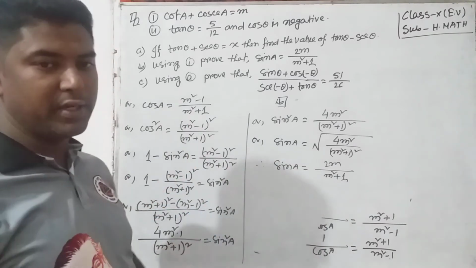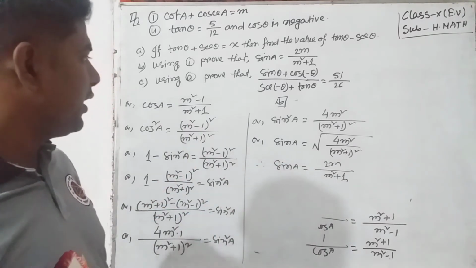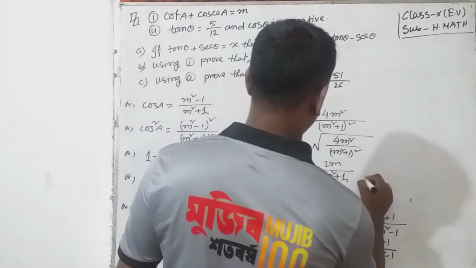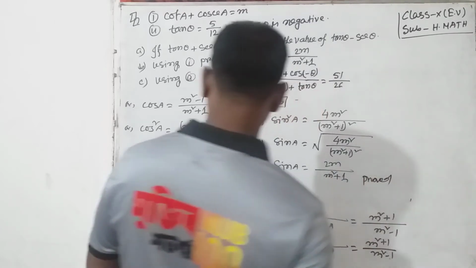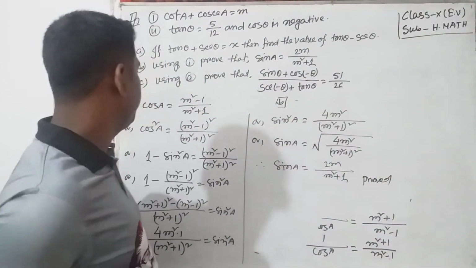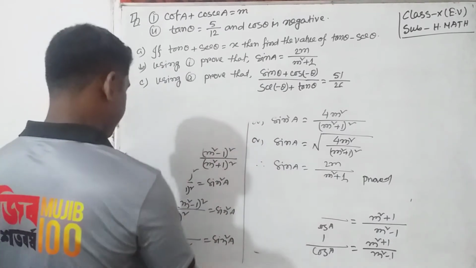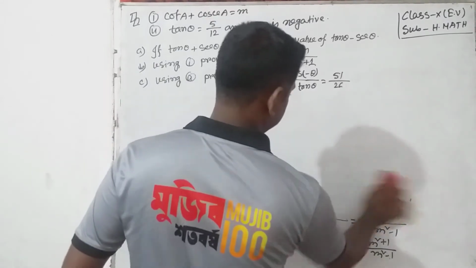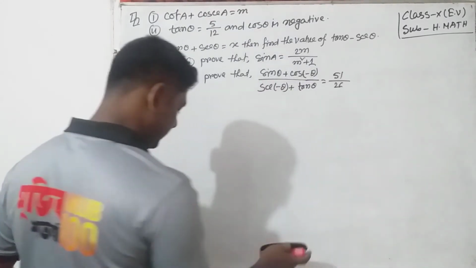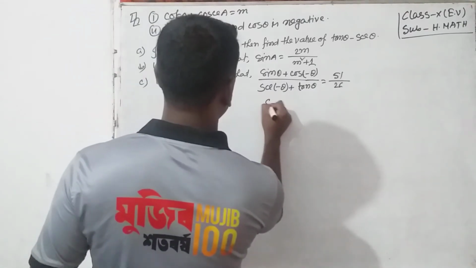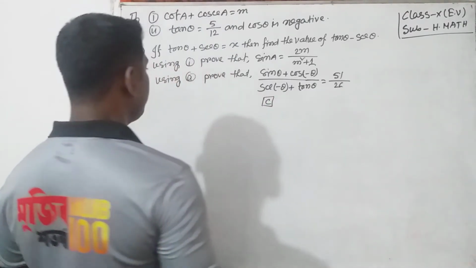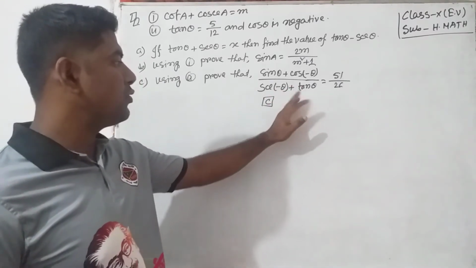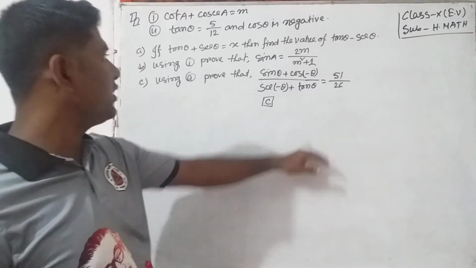I hope everybody understands part B. Now part C: prove that sec theta minus tan theta equal 51 by 26.